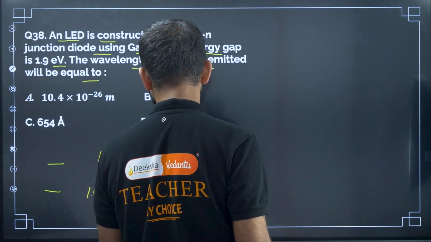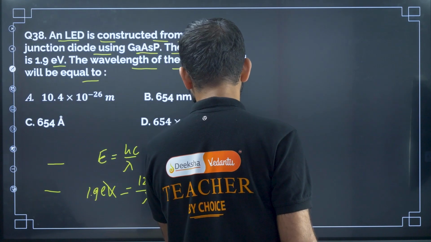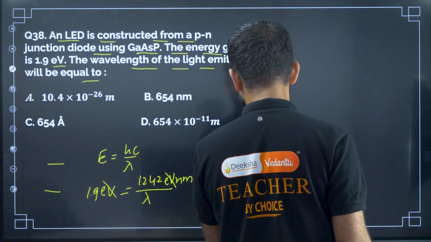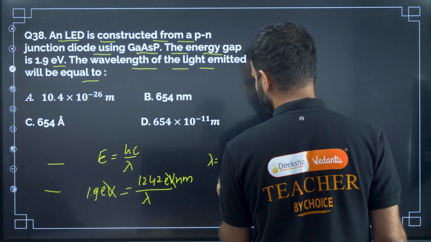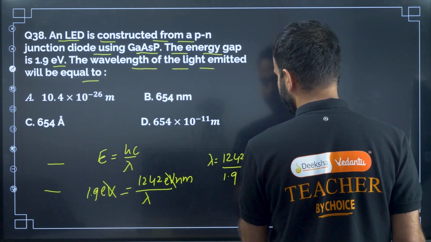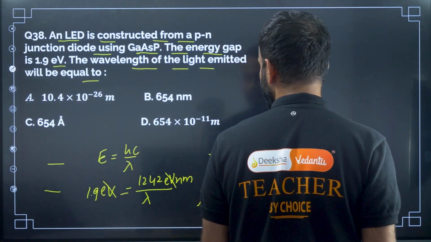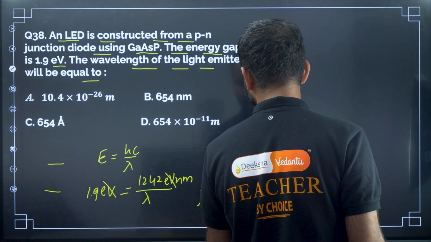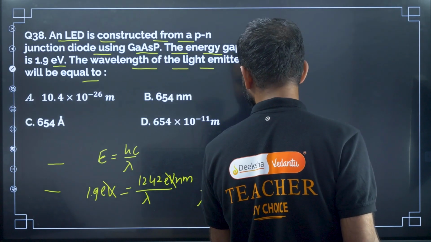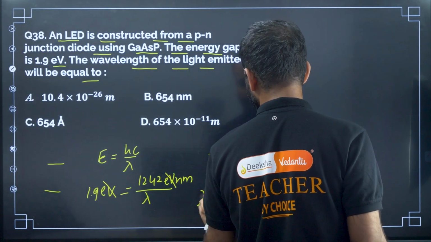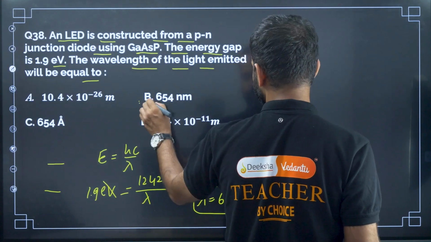Electron volt will get cancelled. So lambda is equal to 1242 divided by 1.9 nanometer, which is 654 nanometer. So the correct option is B.